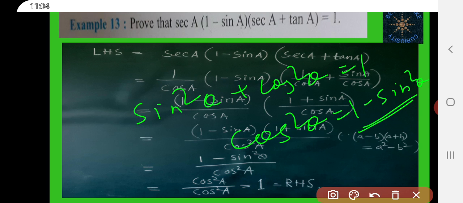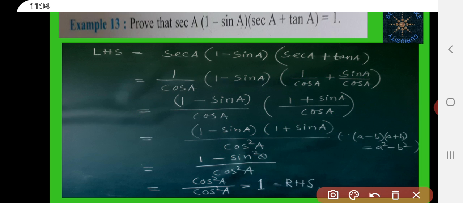So in the place of 1 minus sin square theta you can write cos square theta. So here cos square a, not theta, a. So cos square a by cos square a. So cancel, you get 1, which is equal to RHS. RHS is here 1. So RHS proved.